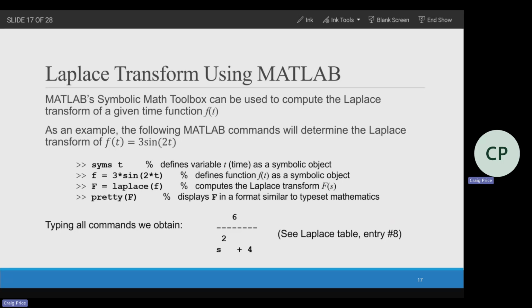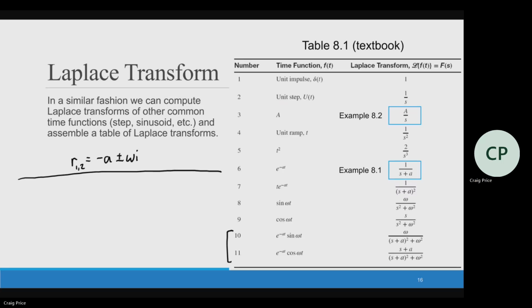But let's say that my function is 3 sine 2t. So pull up that MATLAB code sheet. You can pull up MATLAB and plug it in. I'm going to solve this on the last slide. If my input is 3 sine 2t, can we solve this?